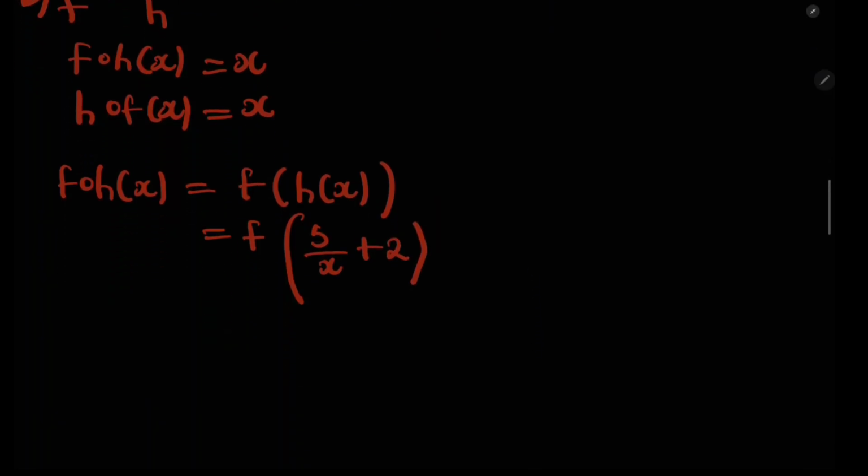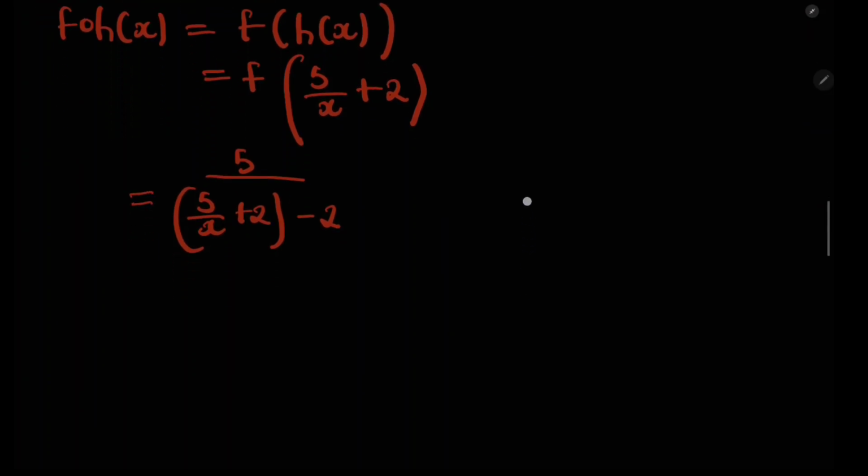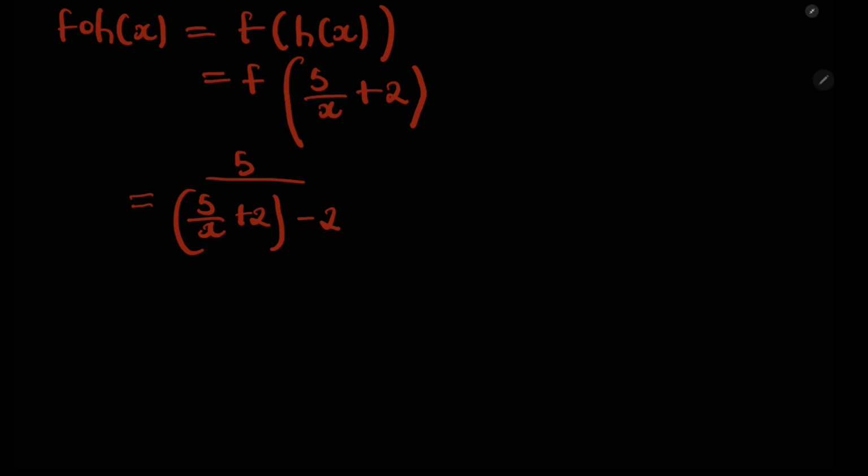We substitute it into our f of x function. So we have 5 all on 5 on x plus 2, minus 2. This is what we have. We are going to simplify this and see if it will give us x.